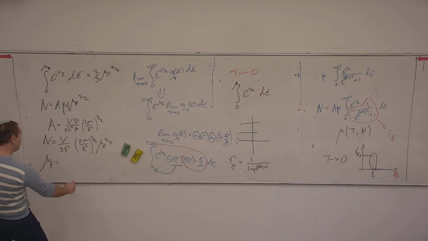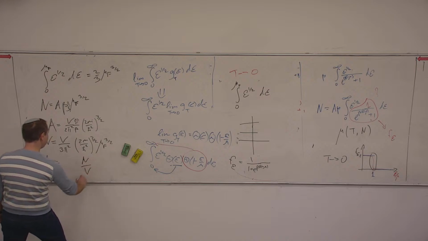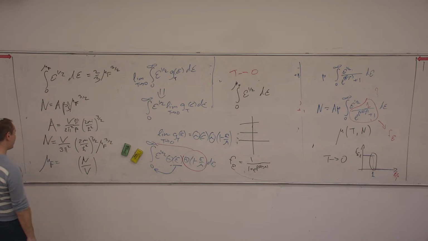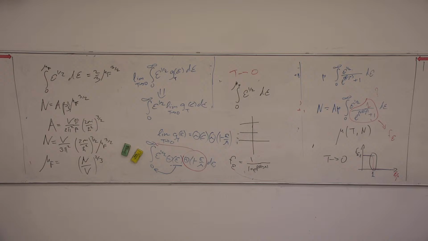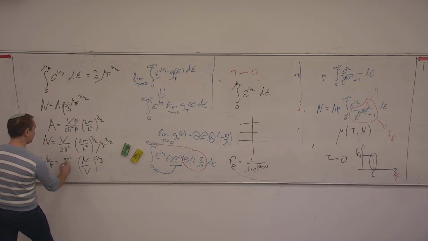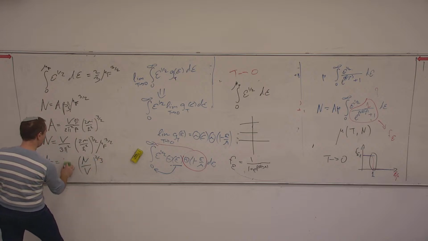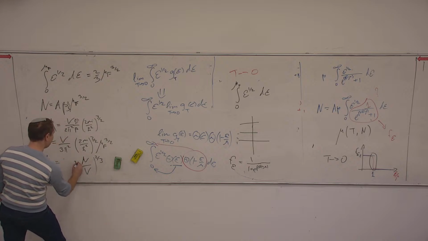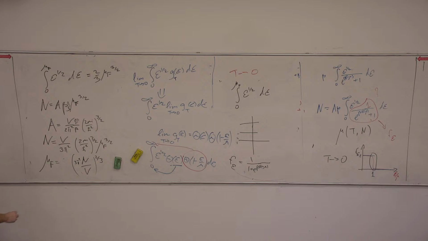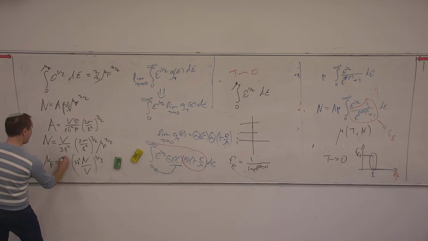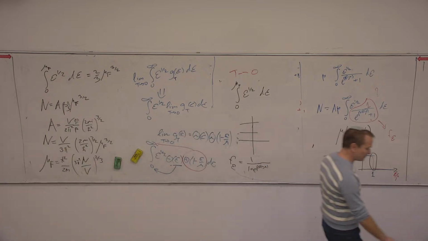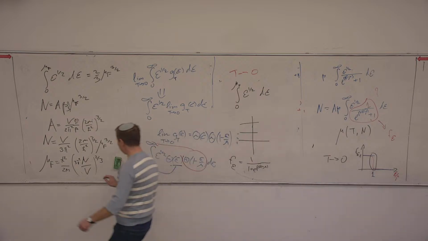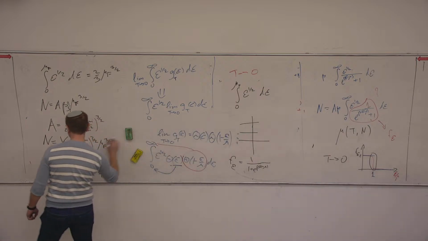It is n divided by V to the power of 2/3, and also we have 3 pi squared to the power of 2/3, and here we have h bar squared divided by 2m. This is the mu Fermi in the t goes to 0 limit.